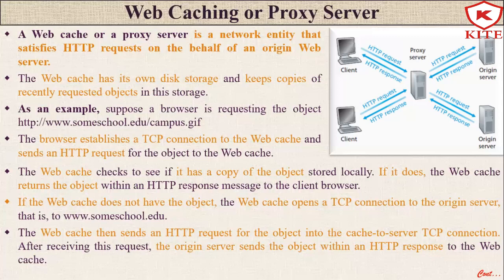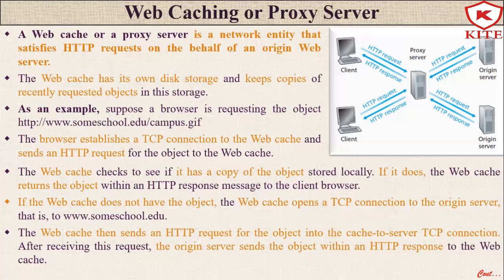When the web cache receives an object from the server, it stores a local copy on its hard drive and then sends the HTTP response message with the object to the client. Note that in the first case, when the client requests the object, the proxy server works as the server and responds to the client, but the object is not stored in the proxy server at that time.